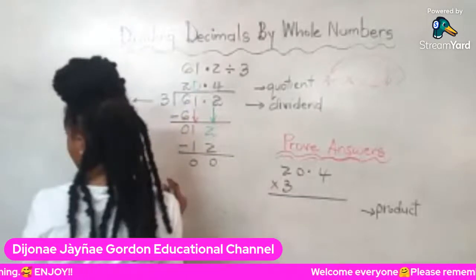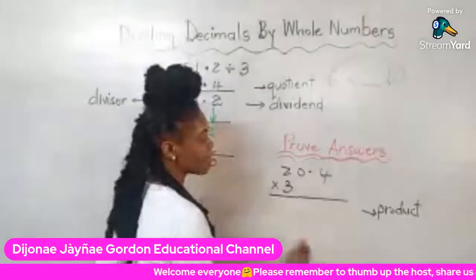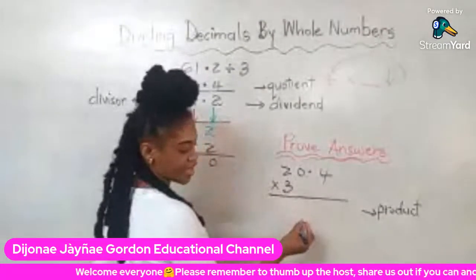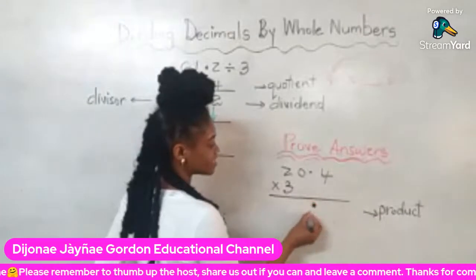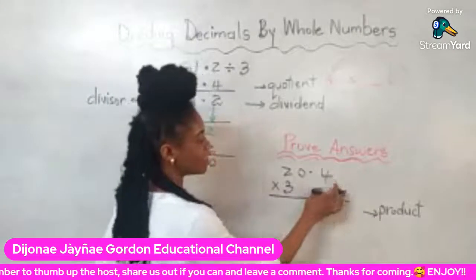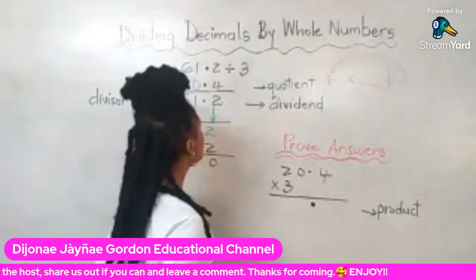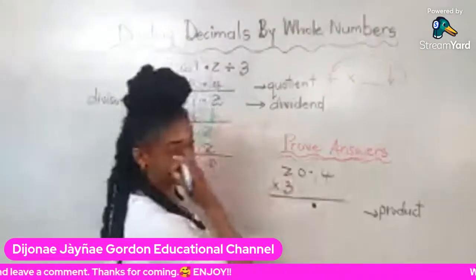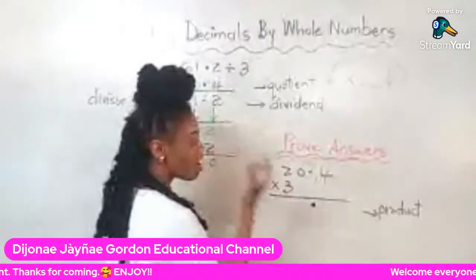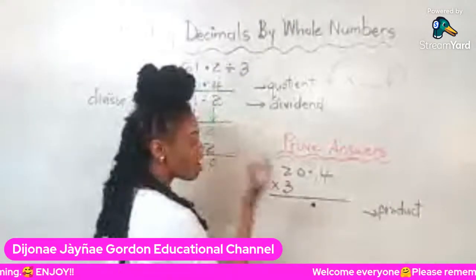So 3 multiplied by 4, or 4 multiplied by 3, is 12. But remember, the first thing we do is put on our decimal place, then check how many digits we have after it, and we only have 1 digit after our decimal place.